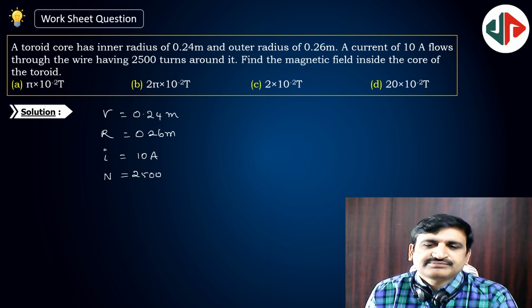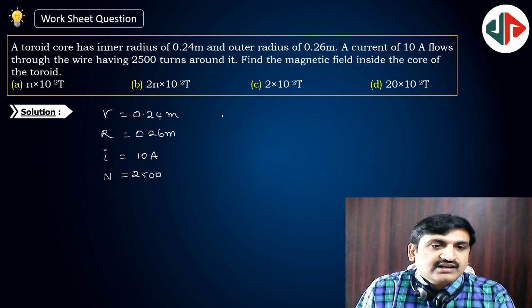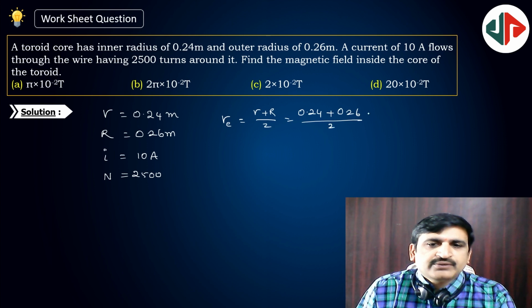We have average radius R effective equal to (r plus R) by 2, which is (0.24 plus 0.26) by 2. This is 0.25 meters.